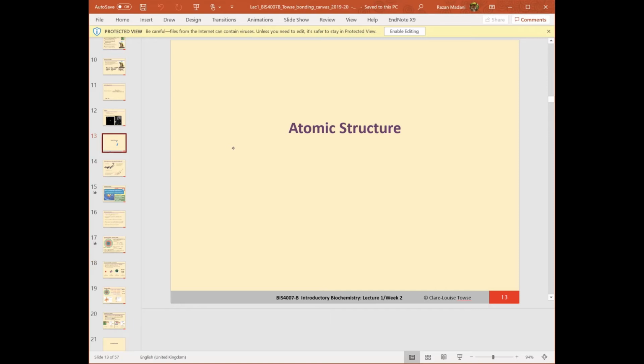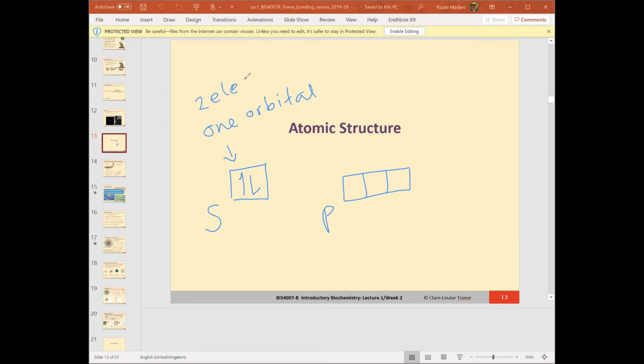Look, Hamza, remember how I said S has 2 electrons? This is how they look inside the orbital. I would encourage you to write that down. A P will have 3 orbitals. How many electrons does it have? 6. Yes. So this is how they look inside the orbitals.